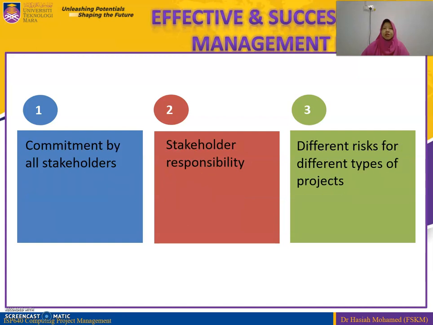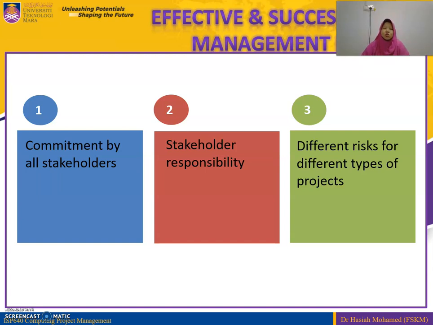How about effective and successful risk management? What are the things required to have it? The first one is commitment from all the stakeholders. Number 2, the stakeholders' responsibility, and number 3, different risks for different types of project.